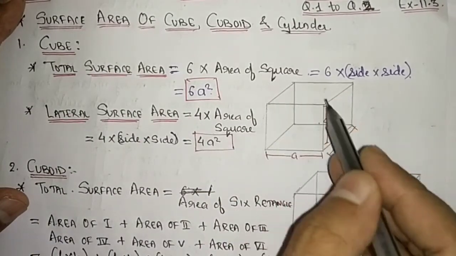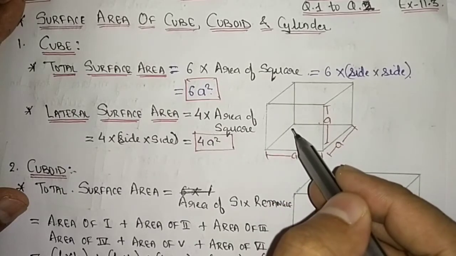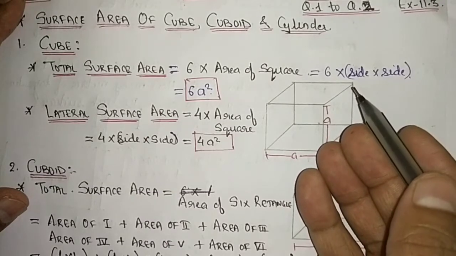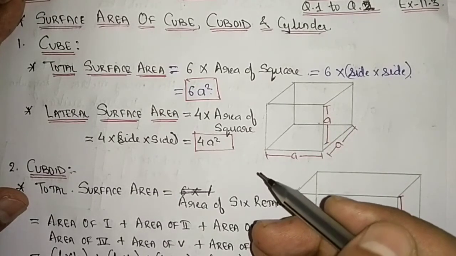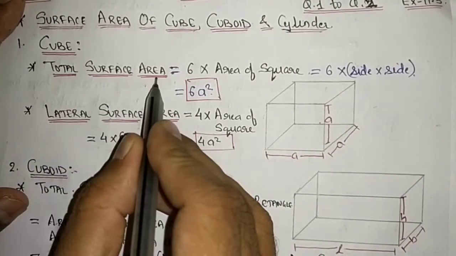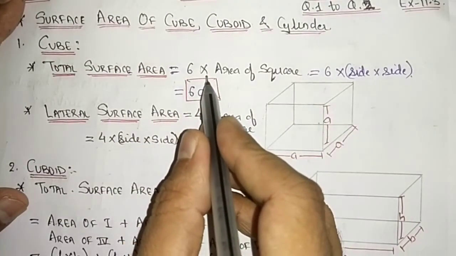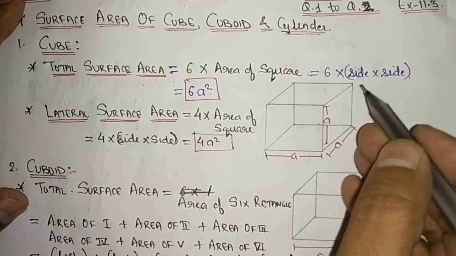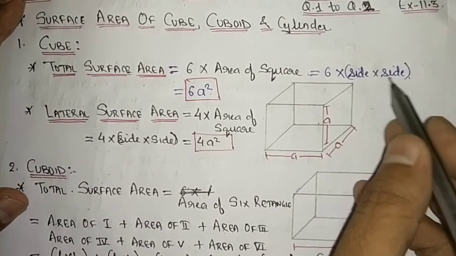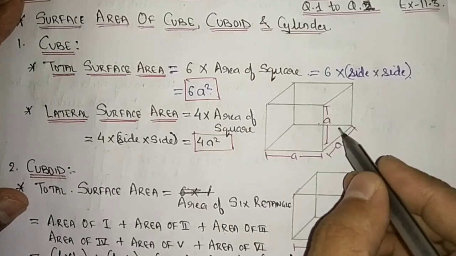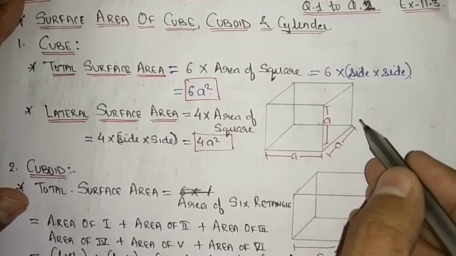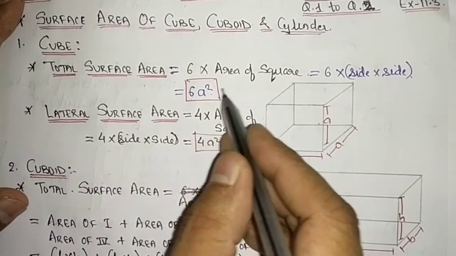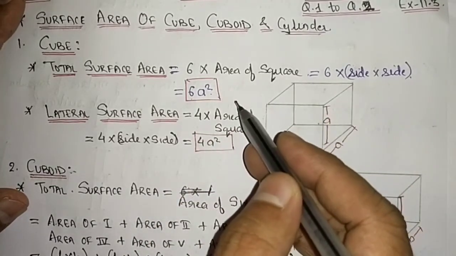All the 6 surfaces have square shape, and you know the formula for a square. So total surface area will become 6 into area of square. And what is area of square? It is nothing but side into side. Now if the side is a unit, then the formula will become 6 into a square.